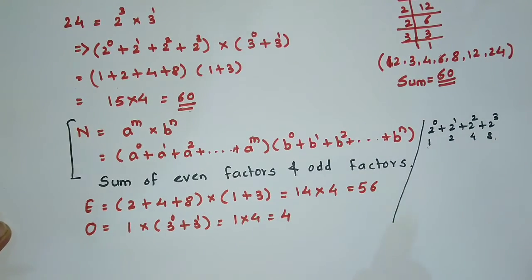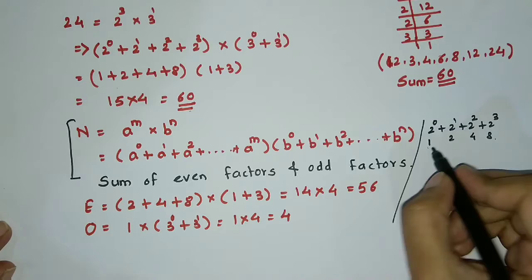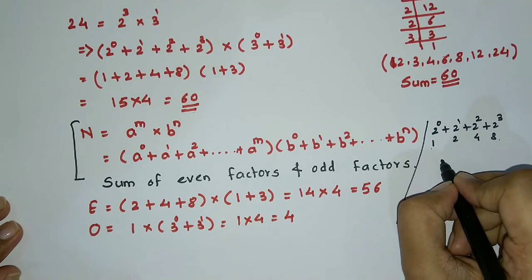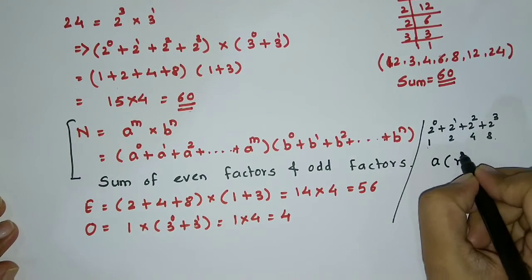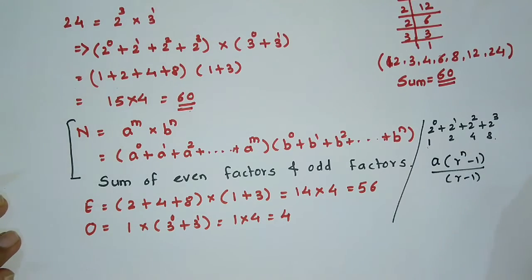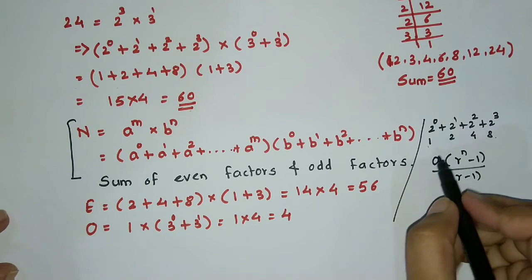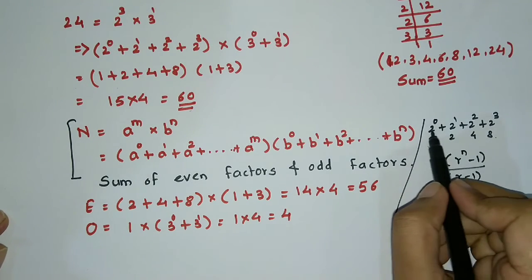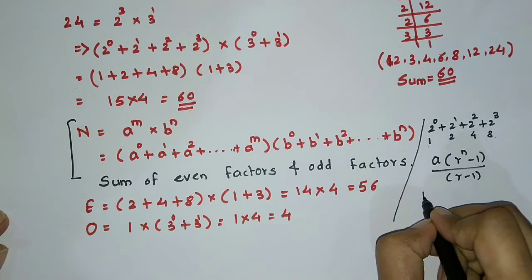So here we can use the geometric progression. The formula for geometric progression is a into r raised to n minus 1 divided by r minus 1. We will see geometric progression in detail, but here, just for this example, let's take a quick look. Here a is the first term. The first term is 2 raised to 0, so it is 1.